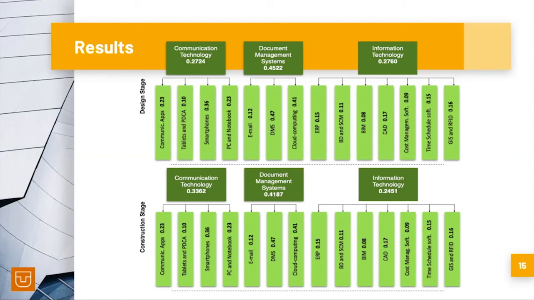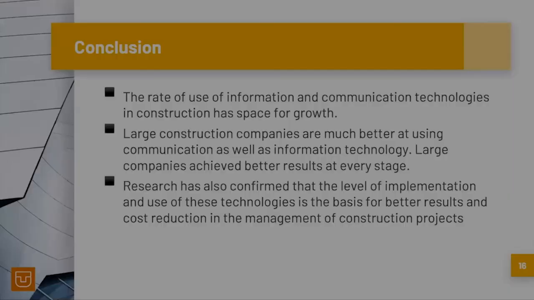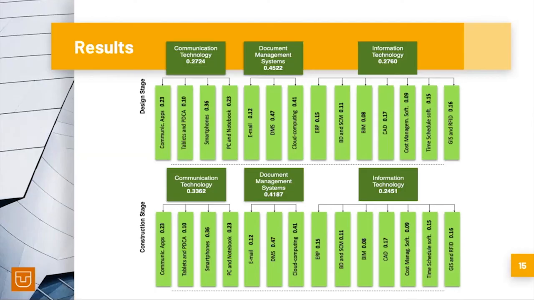For example, BIM technologies as well as controlling tools are also effective, which has a direct impact on reducing costs, and enterprise resource planning systems make a significant contribution to achieving cost goal. In other words, they also reduce the cost by using them.